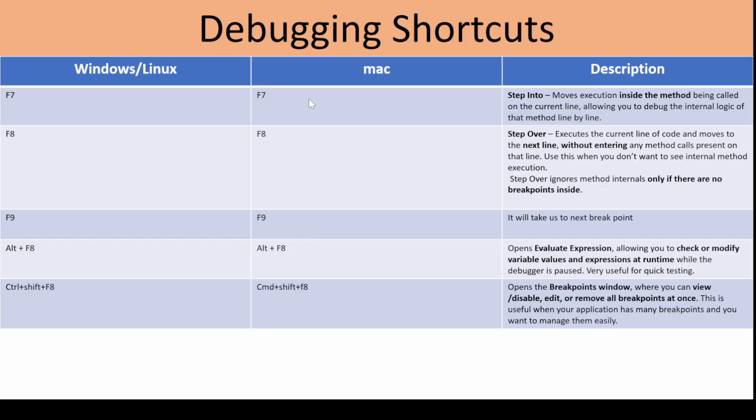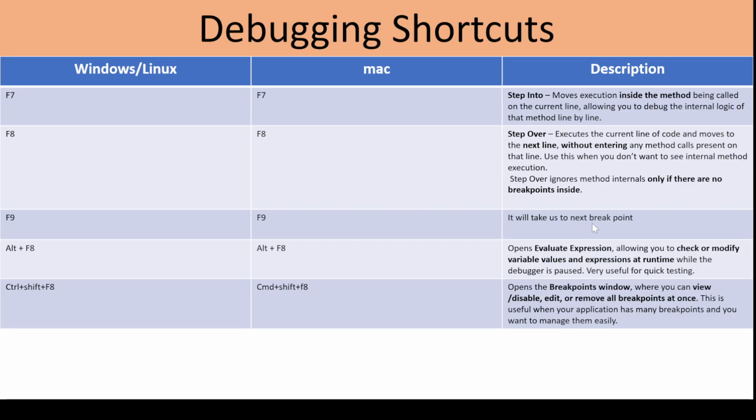Now see, F7 means step into: it moves execution inside the method being called on the current line, allowing us to debug the internal logic of that method line by line. F8, step over, executes the current line of code and moves to the next line without entering any method calls present on that line. Use this when you don't want to see internal method execution. Step over ignores method internals only if there are no breakpoints inside the method call.